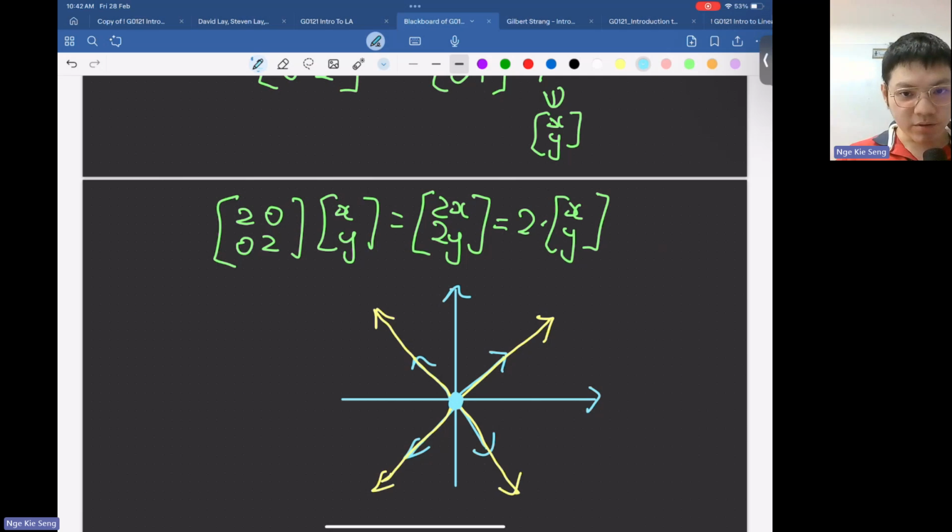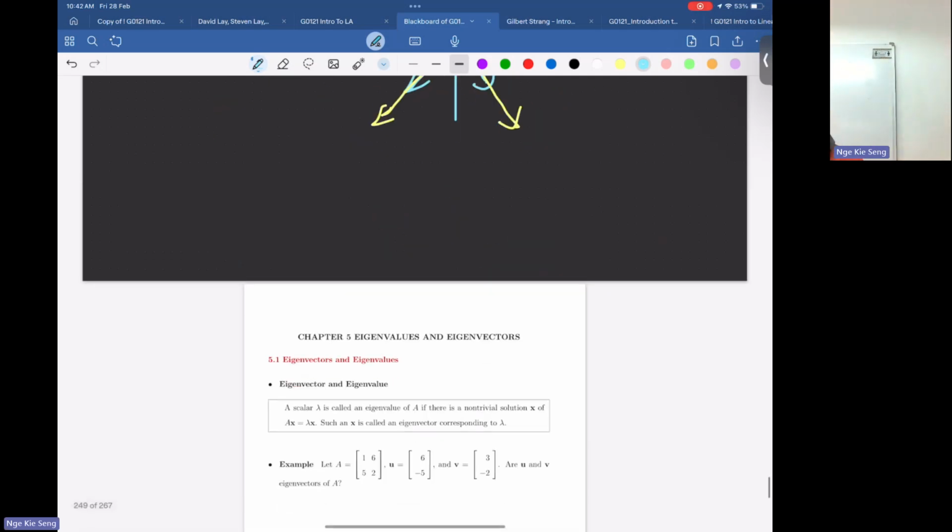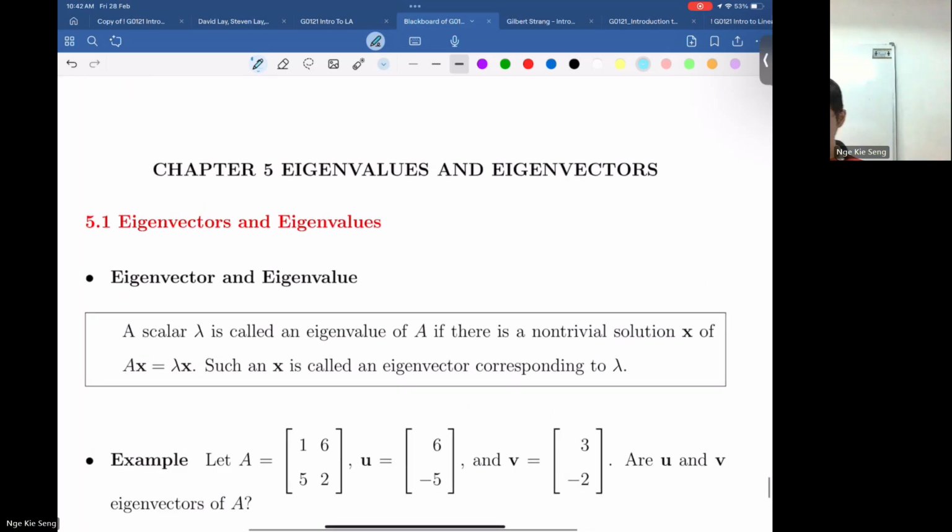Now let's jump into the definition. A scalar lambda is called an eigenvalue of A if there is a non-trivial solution. You see, non-trivial solution, we don't take the vector to be 0. It must be a non-trivial solution x such that Ax equals lambda x.